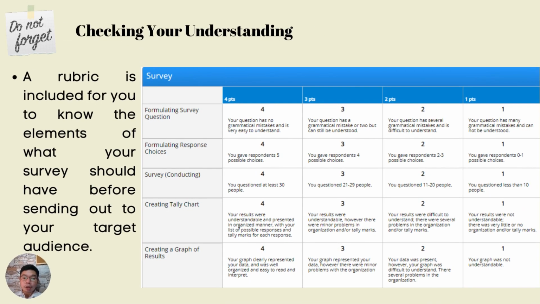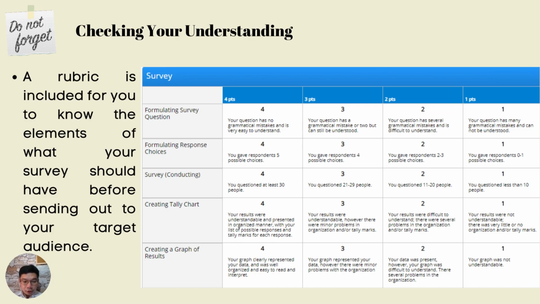So a rubric is included for you to know the elements of what your survey should have before sending out to your target audience. So ito yung sample survey, rubrics na pwede niyong gamitin. Here are the criteria: formulating survey question, formulating response choices, survey, ito yung habang kinoconduct nyo na, and creating tally chart.